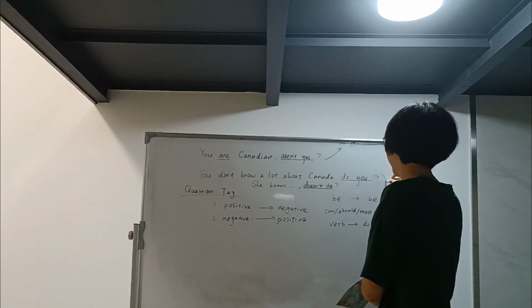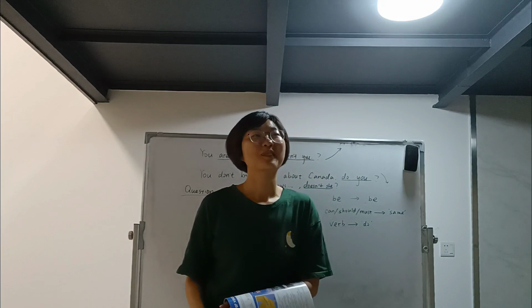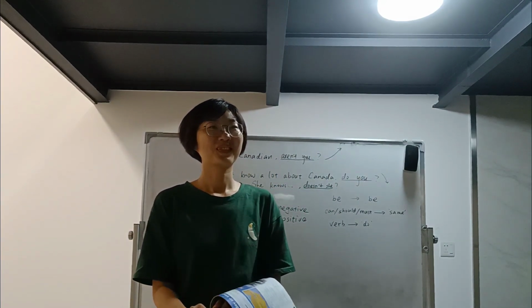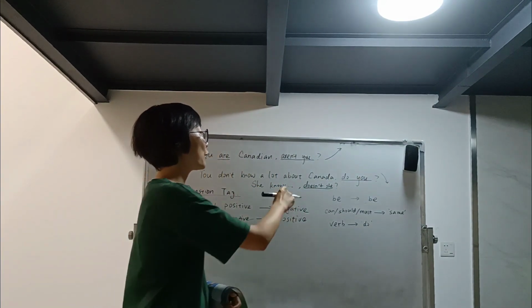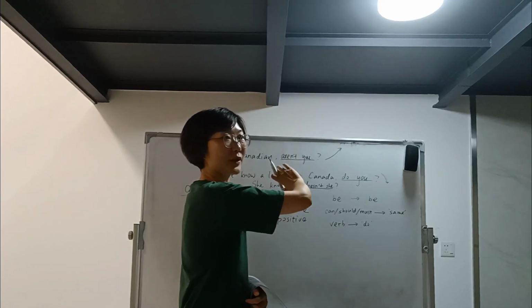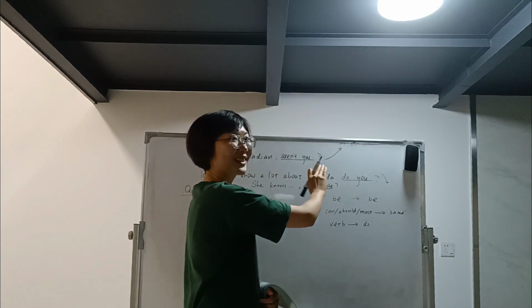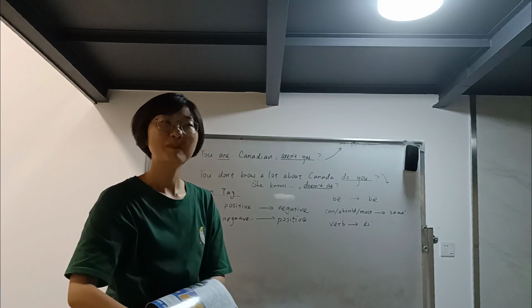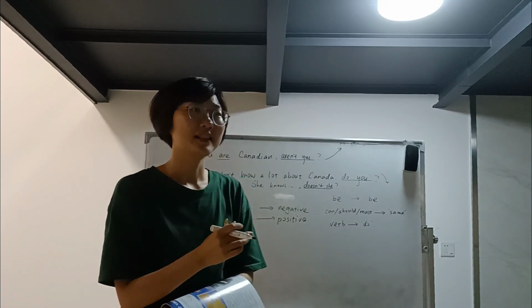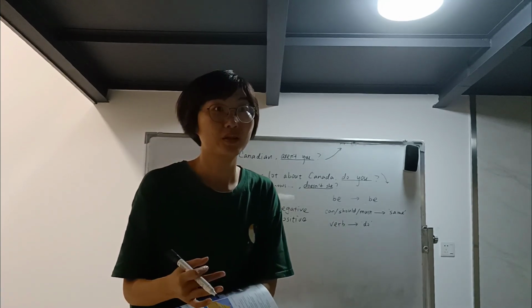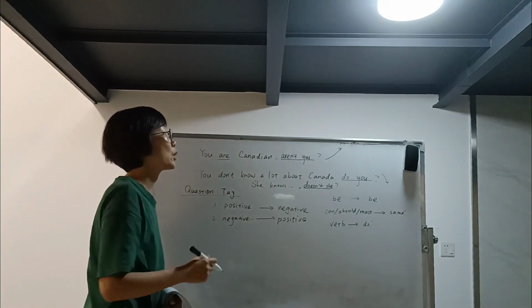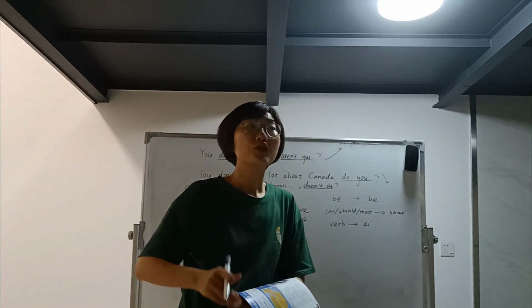The voice goes down. So what are the two differences? If you use your voice going up, it means you don't know the facts and you want to ask the question. That's why the boy said, you are Canadian, aren't you?